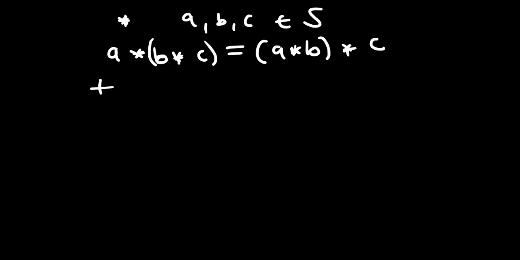So addition and multiplication are going to be associative, but for division and subtraction, this is not the case.